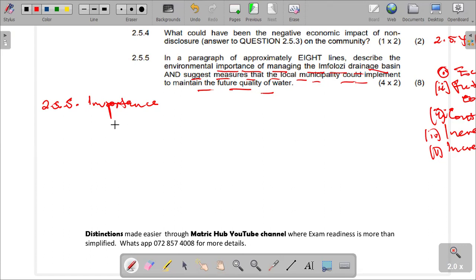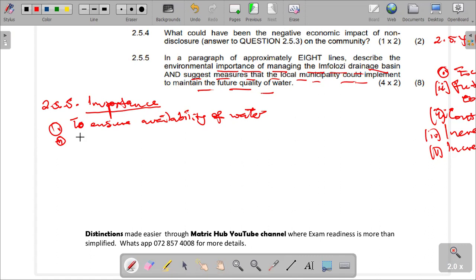What are the importances of this? One, to ensure the availability of water. Availability of water is maintained, or ensured, by management of drainage basins.